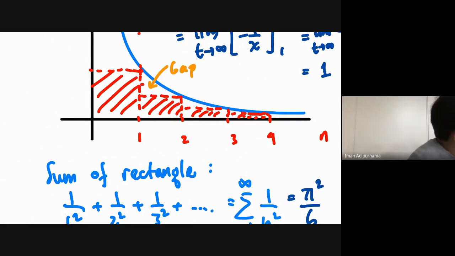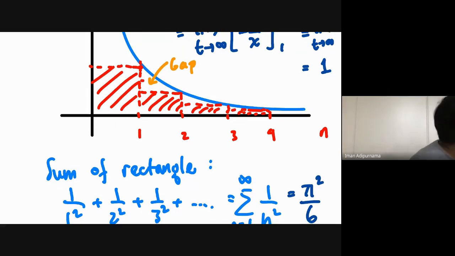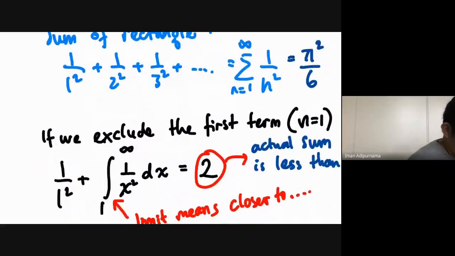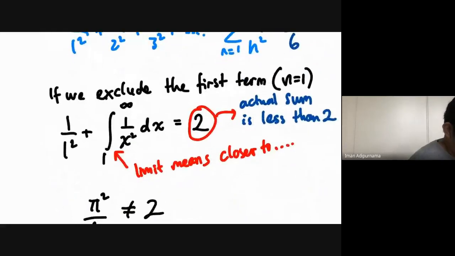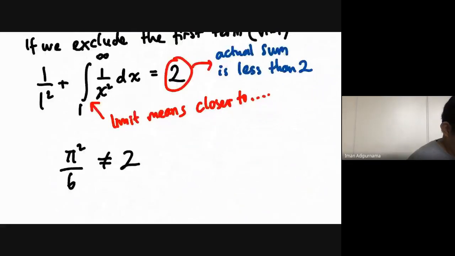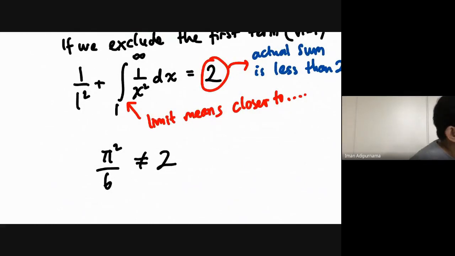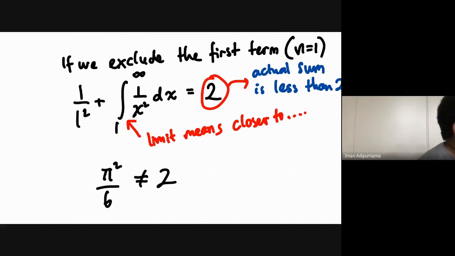So what is really happening is the integral test is only approaching the ideal number. To emphasize this, I'm writing here that the actual value is different. But we still can use the integral test to test the convergence or divergence. But remember, this is not the real same value.